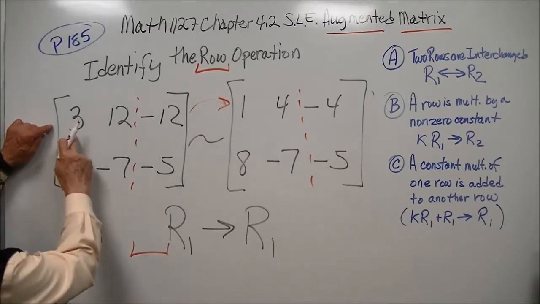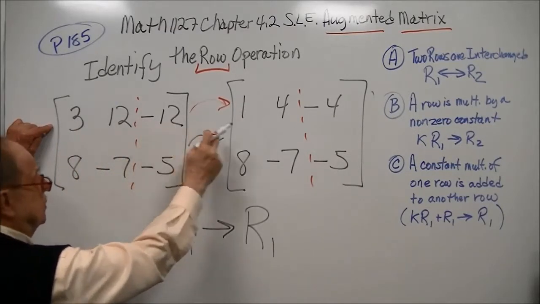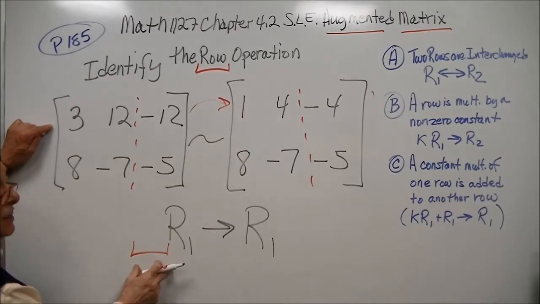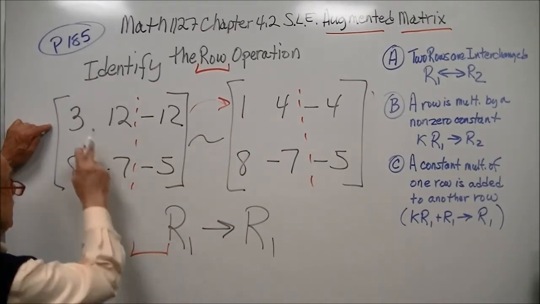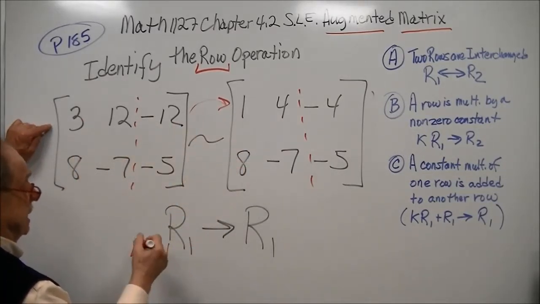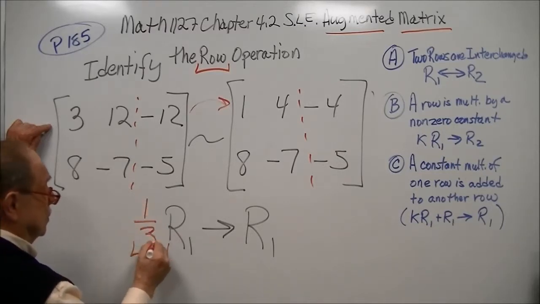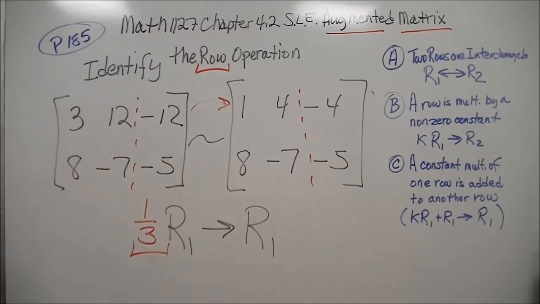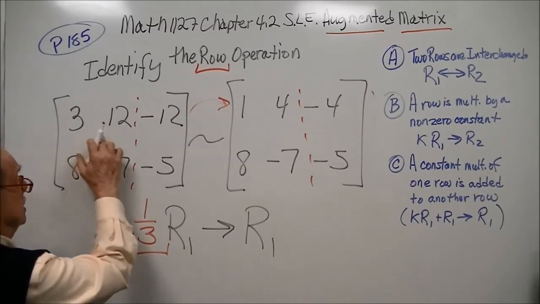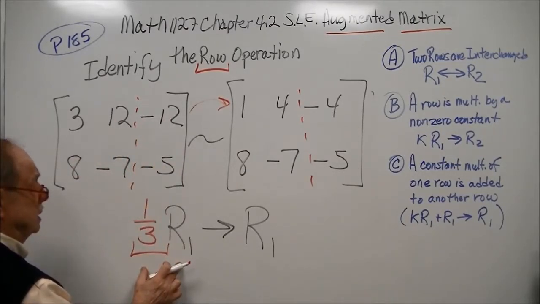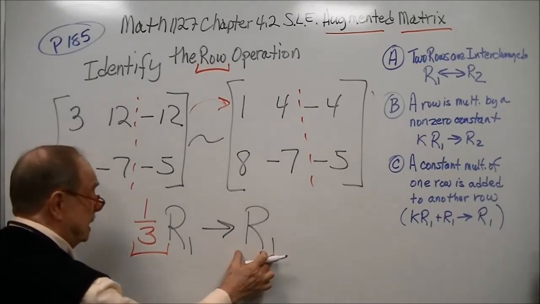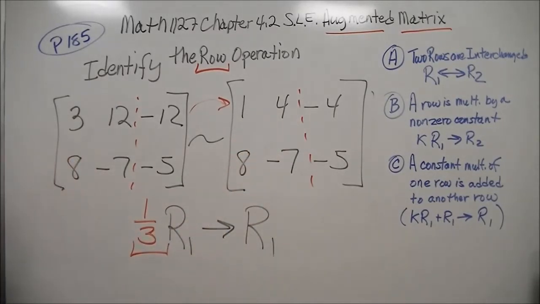They multiplied every term in this row by what? What was the constant they used to get this? And the answer is 1/3. So if you take 1/3 of each item in row 1 and then replace it, you get this new matrix there. And that was what was done.